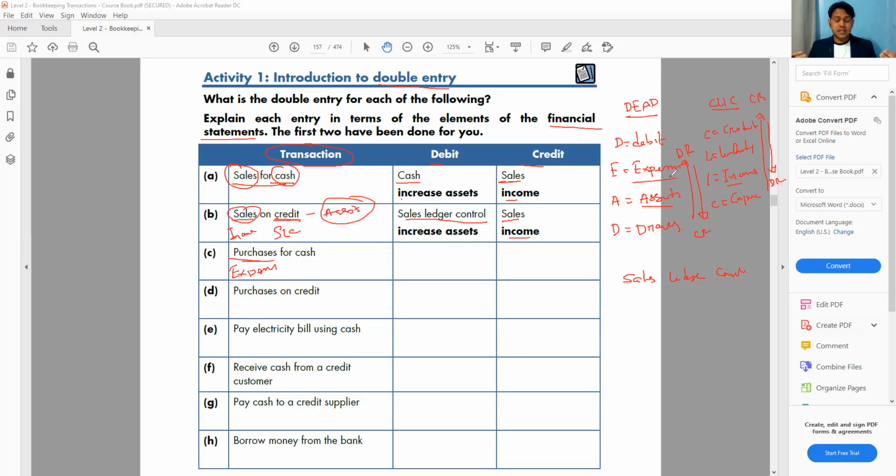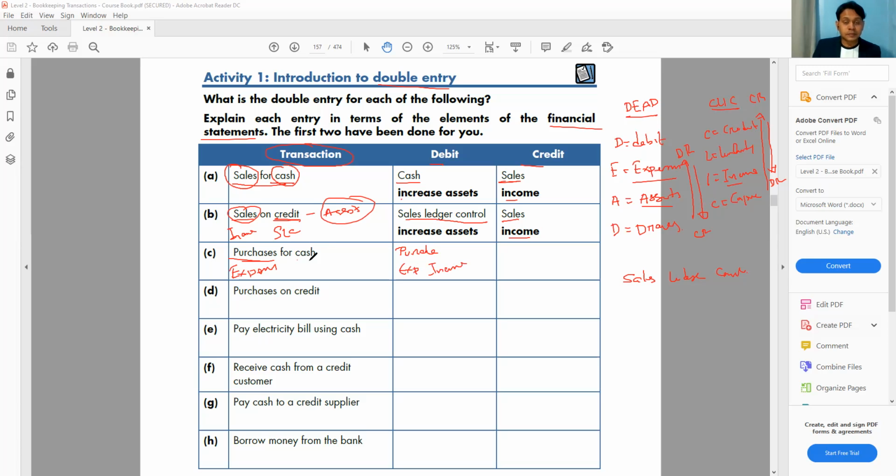If I buy something and my money goes, the expense will be increased. More I buy, more the expense will be increased. So if the expense is increased, that's my debit. Purchase is debit because expense increases.